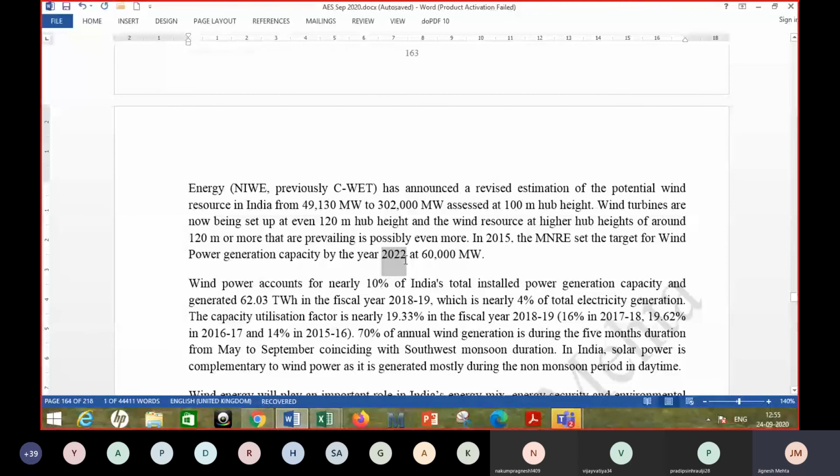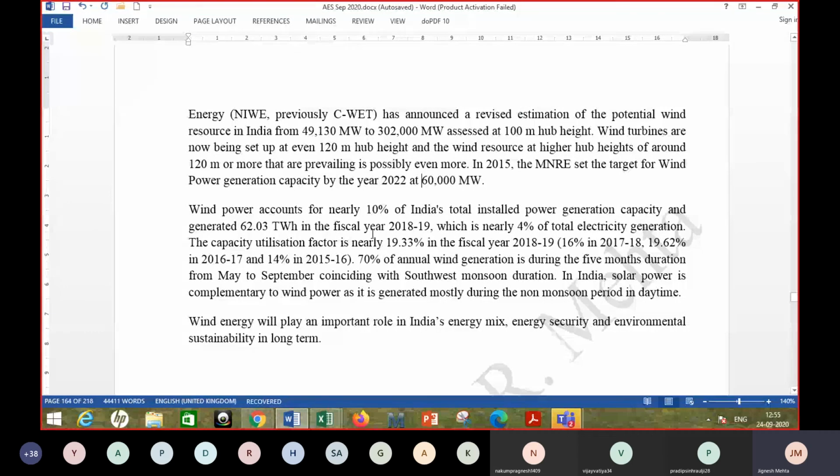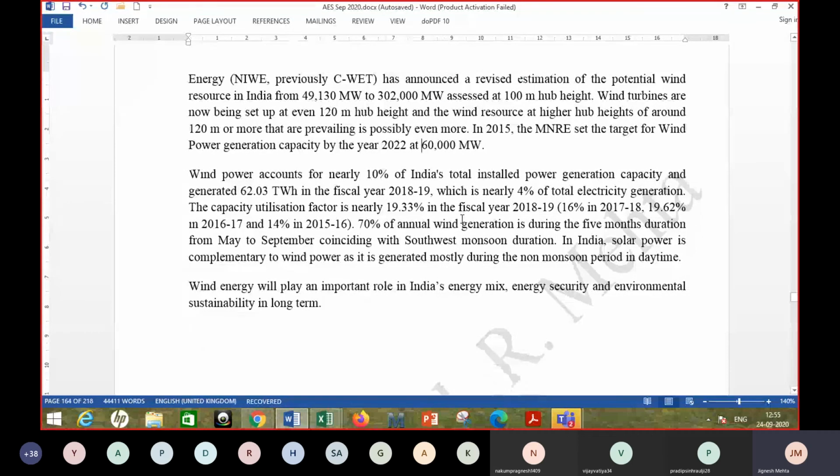Of course, we are just 2 years away from that. I'm not sure whether this can be achieved or not, but the target which was set earlier was 60 gigawatt by 2022. And now you can go for higher hub heights also with the development of technology, so higher power production from a single turbine is possible.